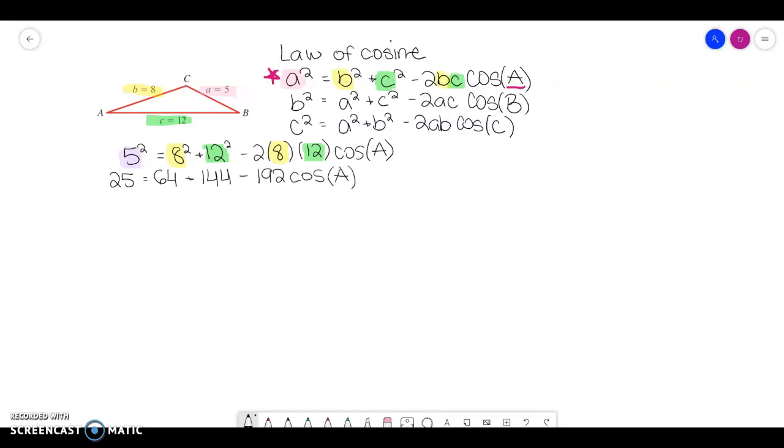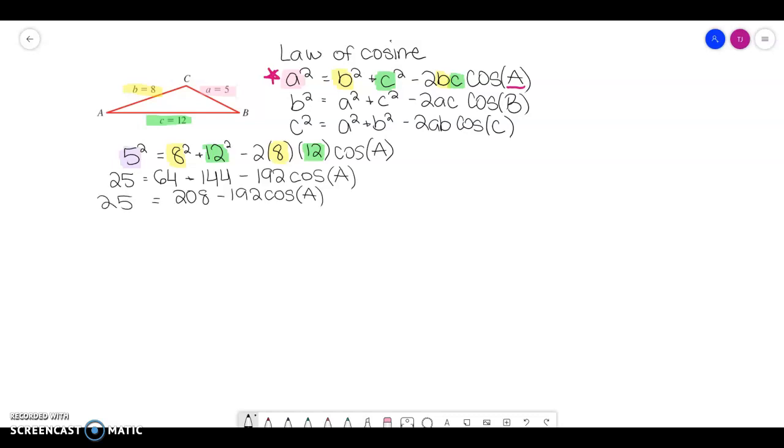From here I'm just going to keep going. I want to solve for cosine of A. I want to get A all by itself. So I can add together that 144 plus 64, which is 208, minus 192 cosine of angle A, and that still equals 25.